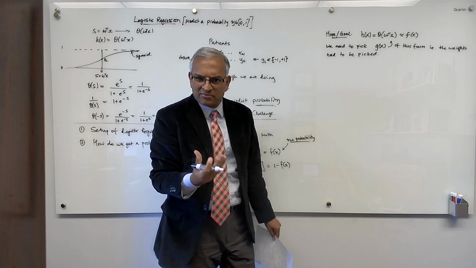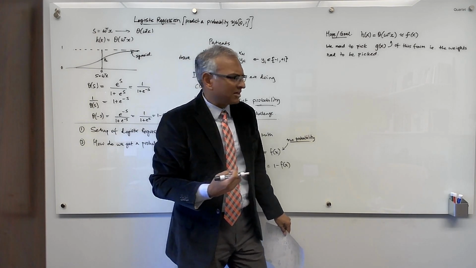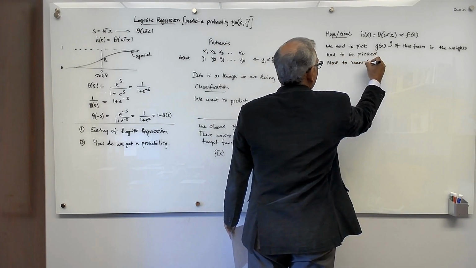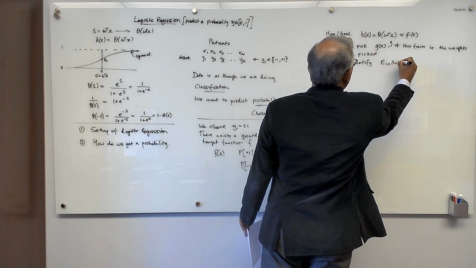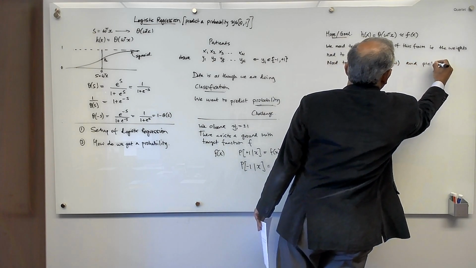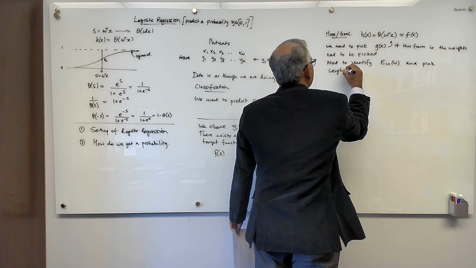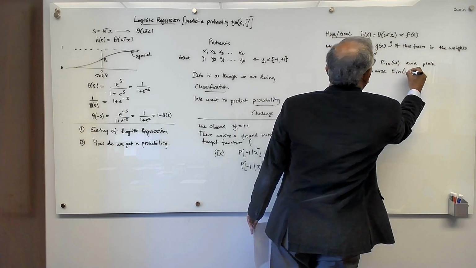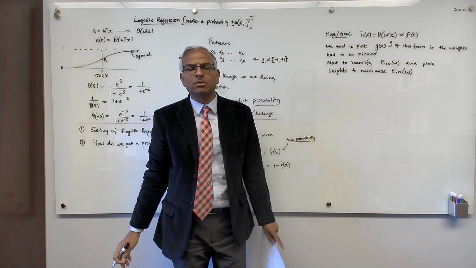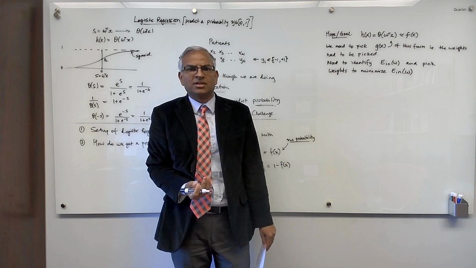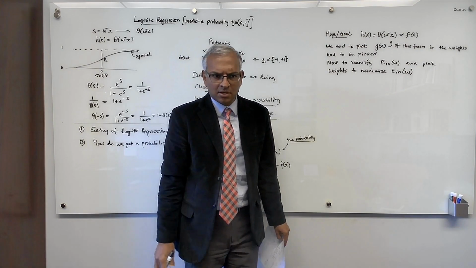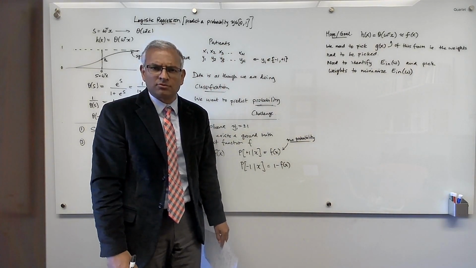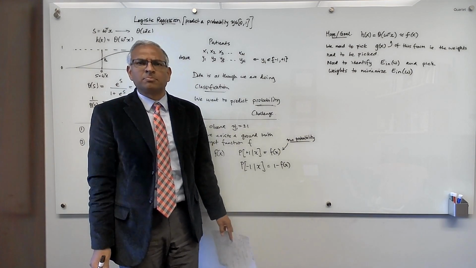Well, we need to identify the right in-sample error, E in of w, and then pick the weights to minimize E in of w. Now, in the case of classification, E in of w was the fraction of mistakes you made on the data. In the case of regression, it was the average squared error. So what is the right E in here? Let me just walk you through that process. And in general, this is a good process to get a handle on.